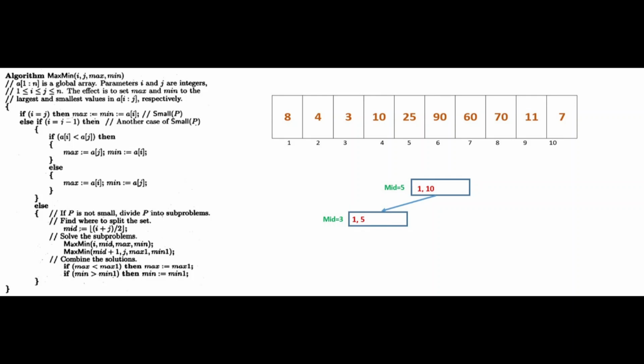Next we have to execute the first recursive call of this function. So we pass i, mid, max, min to the next recursive function. We know the values: i is equal to 1, mid is equal to 3. So pass 1 and 3 to the next function.